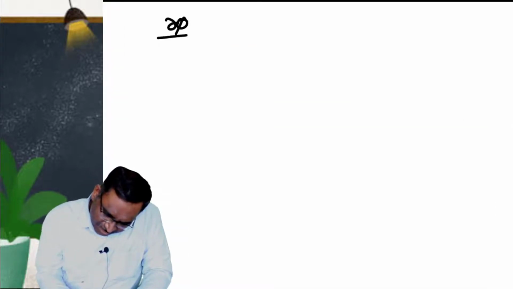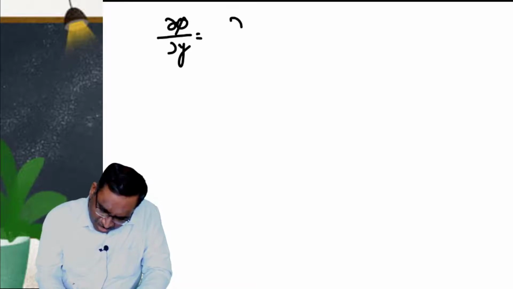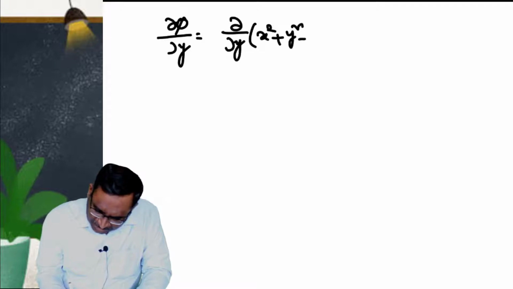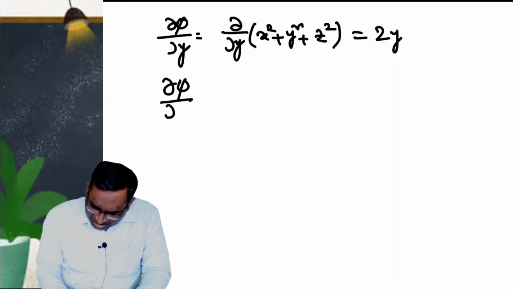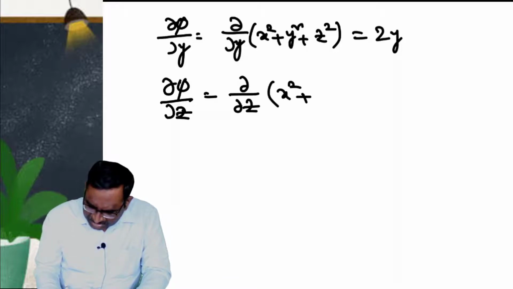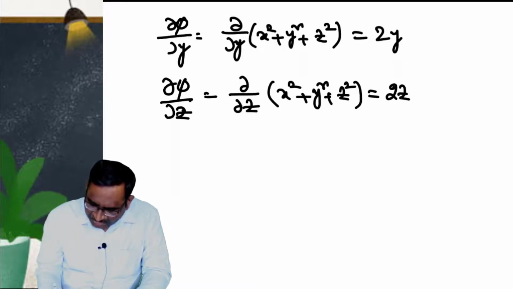Dou phi by dou y is 2y. Similarly, dou phi by dou z is 2z.